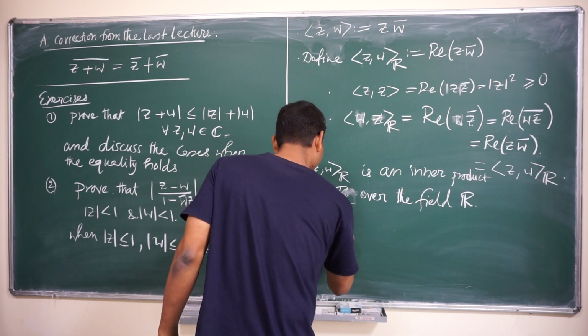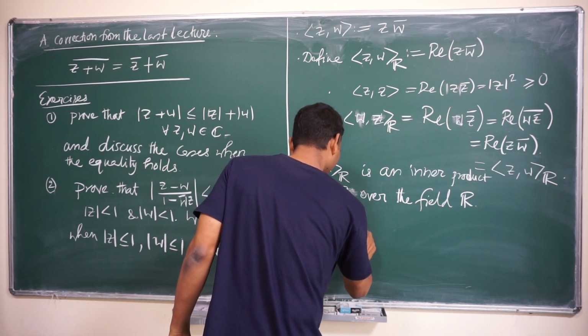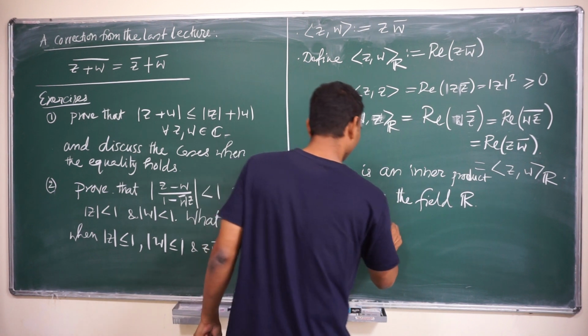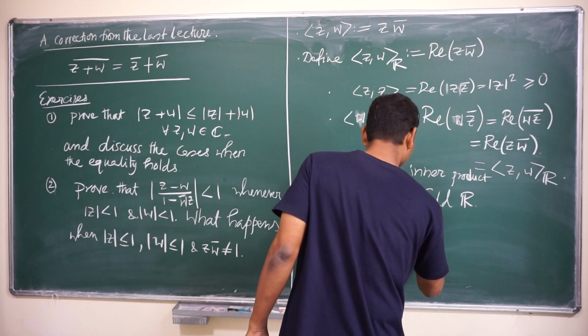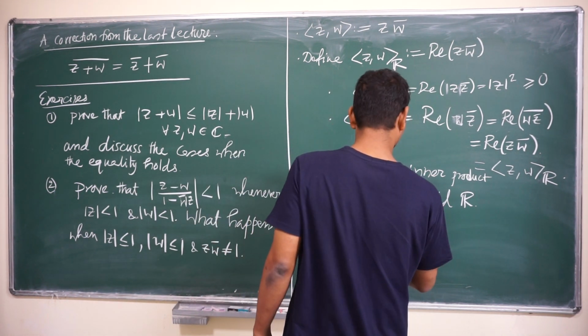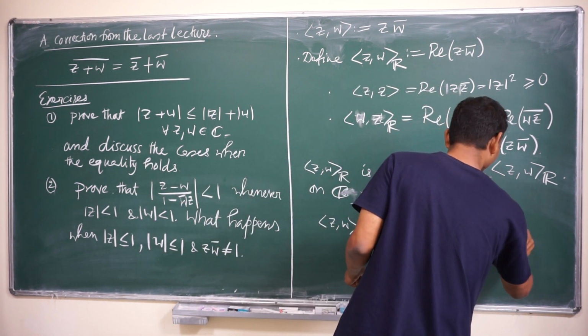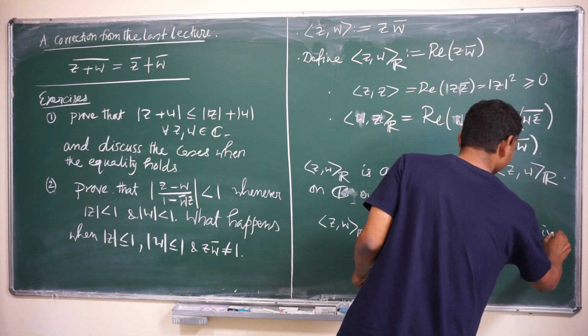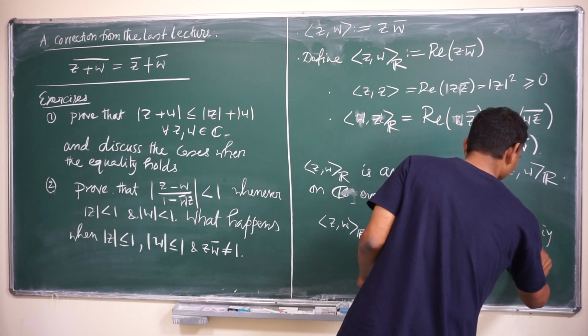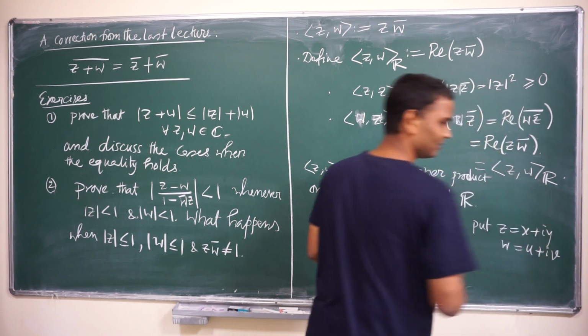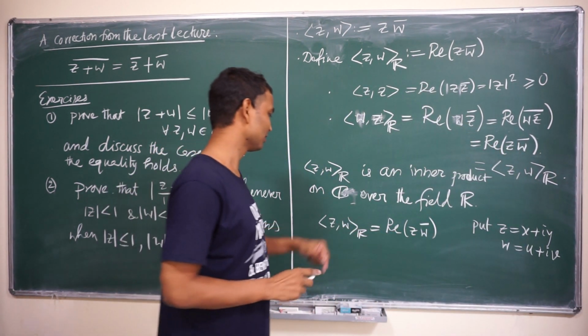Now let us look at what exactly this inner product is. It is nothing but the real part of z w bar. Now if we put z as x plus iy and w as u plus iv, so put these two and see what happens.